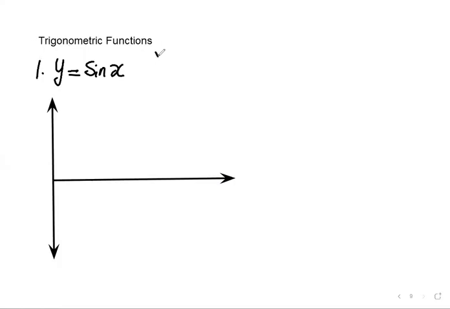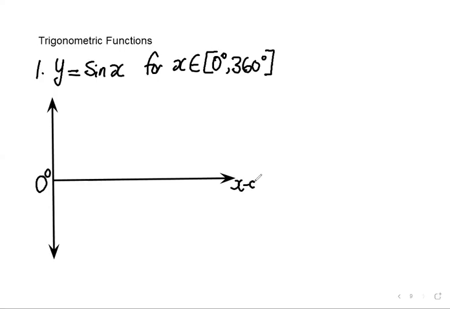They can say for x is an element of 0 degrees to 360, because it depends on the restriction given. Now if this is 0 to 360, here I must start at 0 degrees. Remember that this is my x-axis and this is my y-axis, and here it will be the maximum value, which is 1. Here it will be the minimum value, which is -1. So that will be 0.